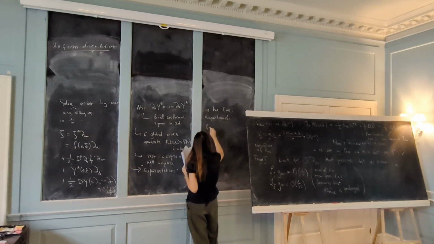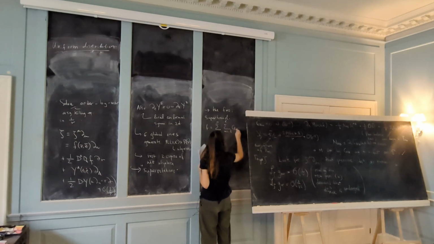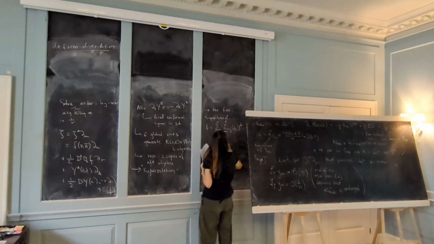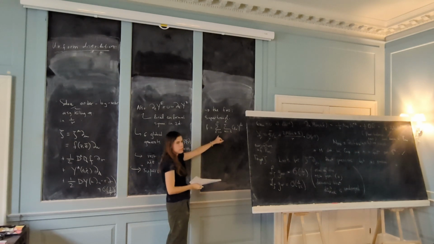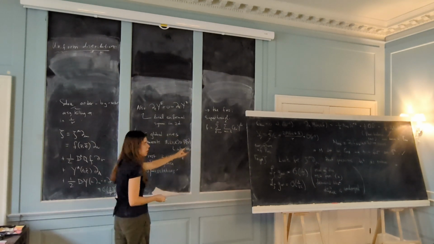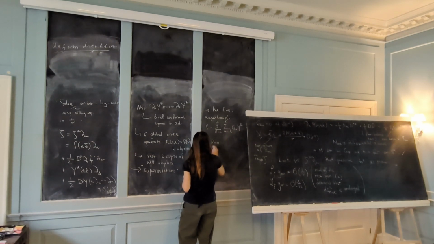And you can take this f and expand it in spherical harmonics. If you look at the L equal to 0 and L equal to 1 ones, there are 4 of them, and those correspond to translations.